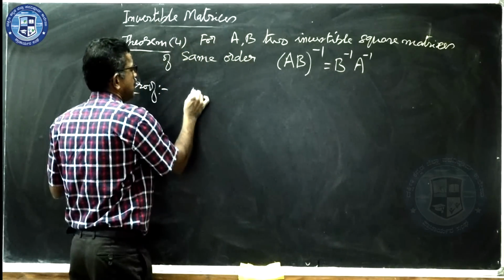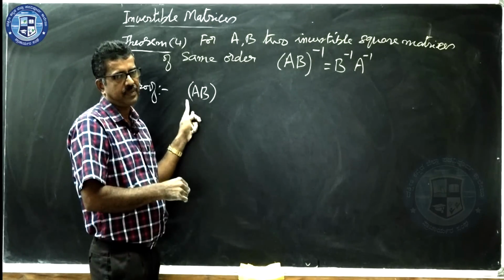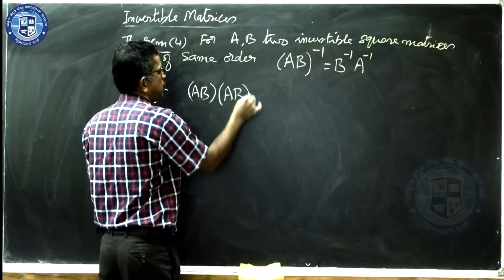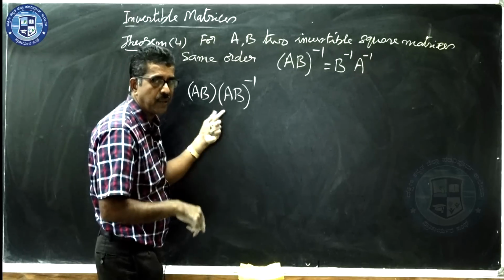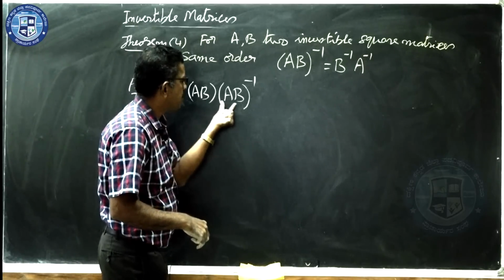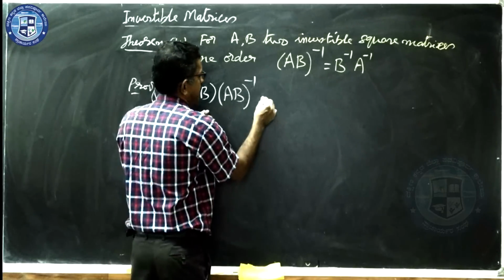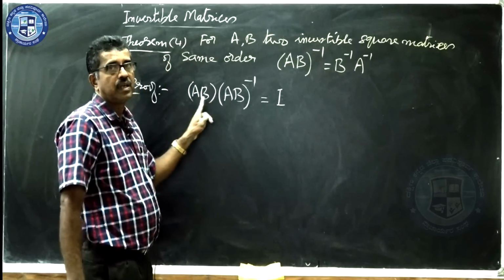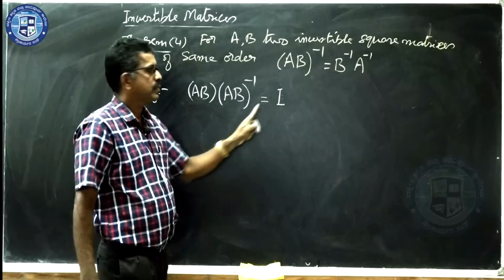I call AB as X. Let me assume that this is X. X into its inverse, X into X inverse. Can you tell me what is the result? Matrix X into its inverse is identity.